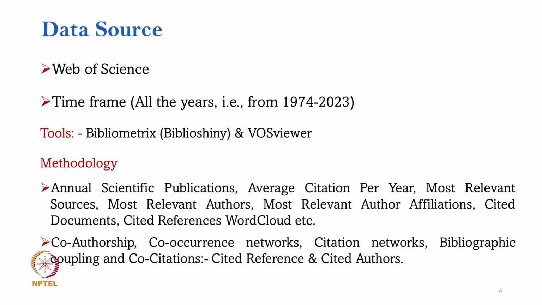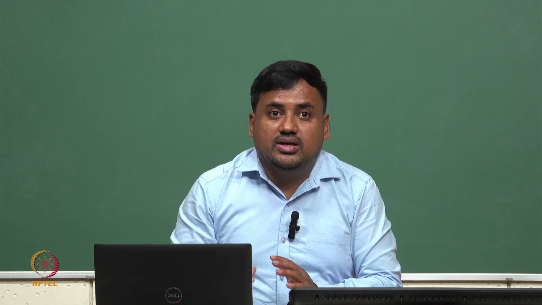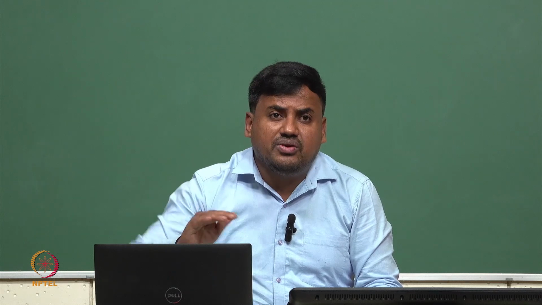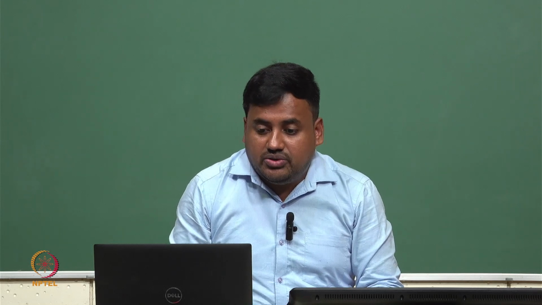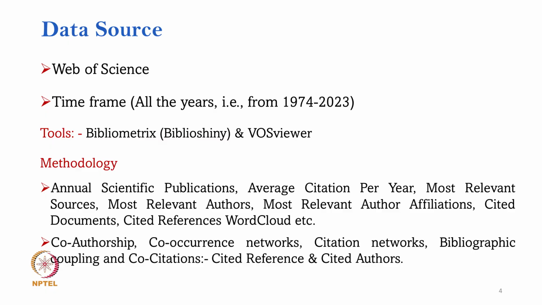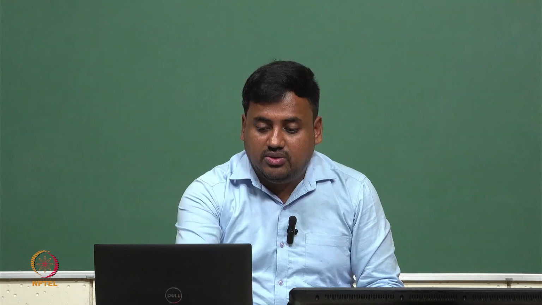We will look at the methodologies we can apply to identify the research impact, the yearwise growth of research articles, various collaboration networks, and co-citation networks, using Bibliometrix, the R package, and VOSviewer. Let's look at it.